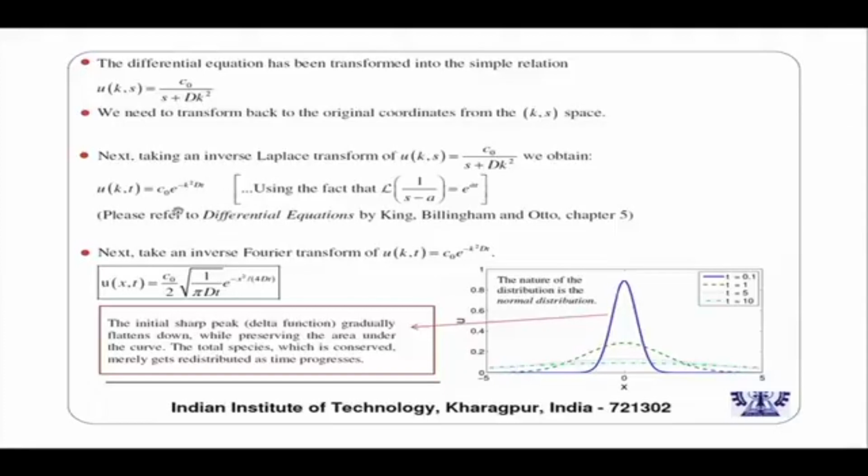So you will get back this. Then you take an inverse Fourier transform of this by making use of the integral that we have defined for the inverse Fourier transform, and then you will get this particular form. Okay.